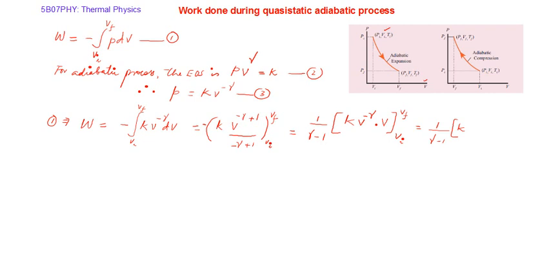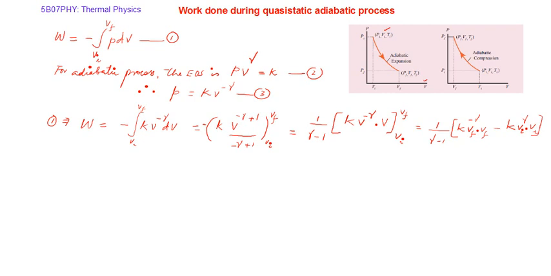So k Vf raised to minus gamma times Vf, upper limit value, minus lower limit value, k Vi raised to minus gamma times Vi. So that gives you the integral.